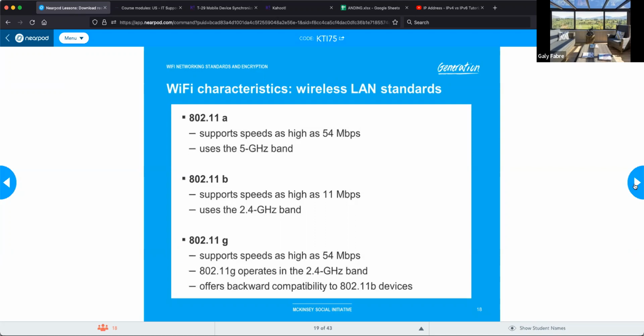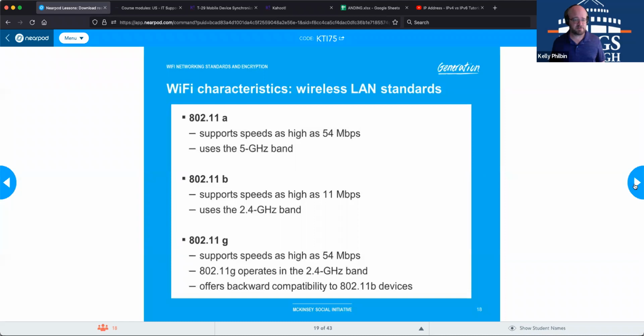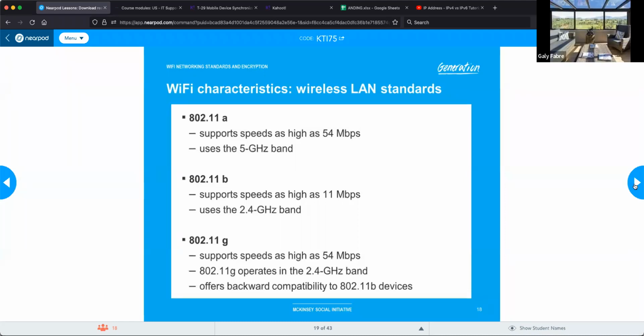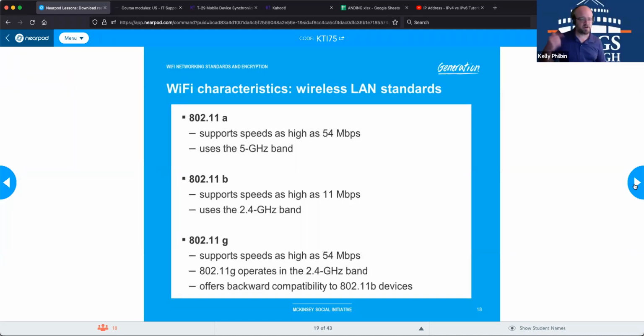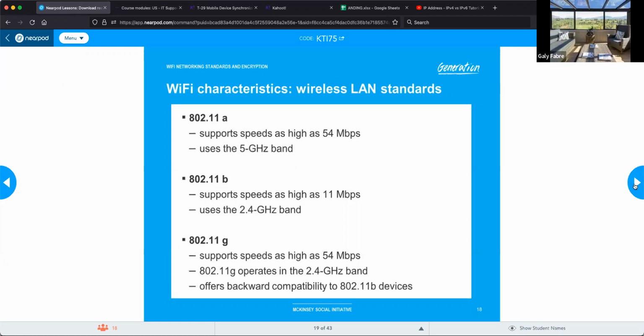If you're running them on the same channel, you would have a high level of interference. But if you introduce another access point, you would run it off of a different channel, and then it wouldn't interfere. Okay, makes sense.